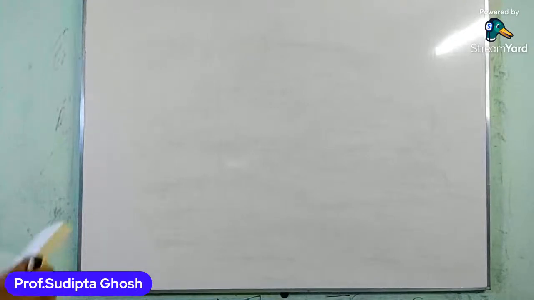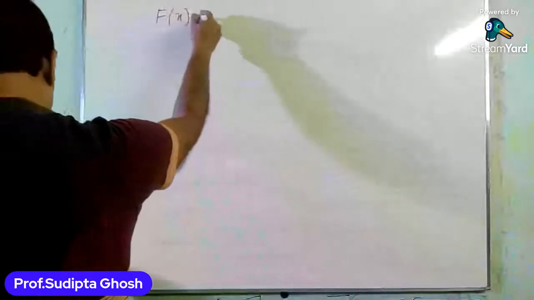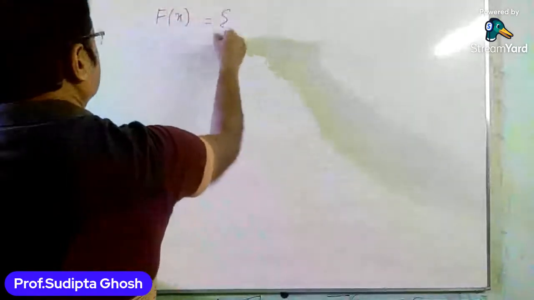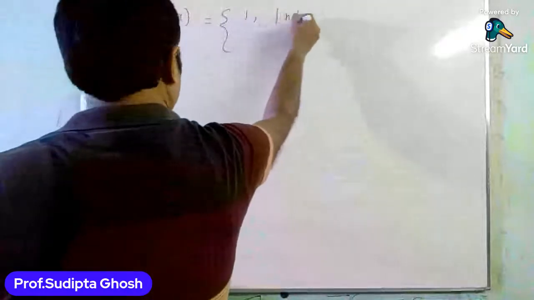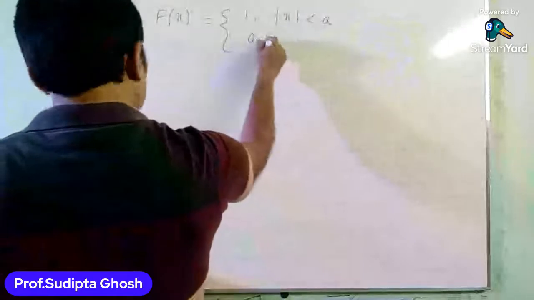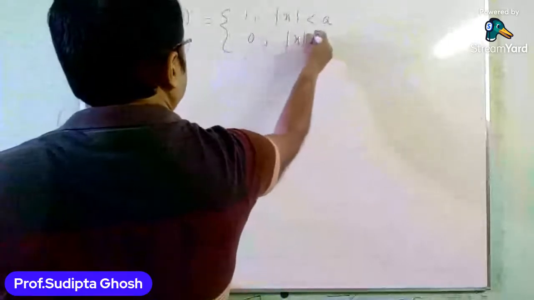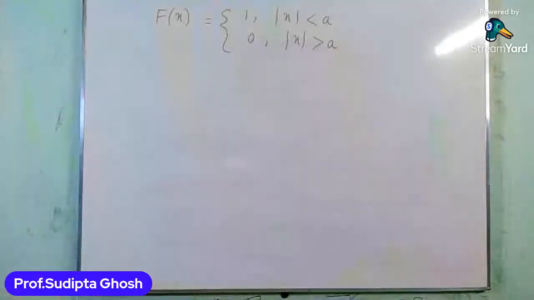So the next problem is: find the Fourier transform of f of x, which is given as 1 when mod of x is less than a, and 0 when mod of x is greater than a. So this is the function given.